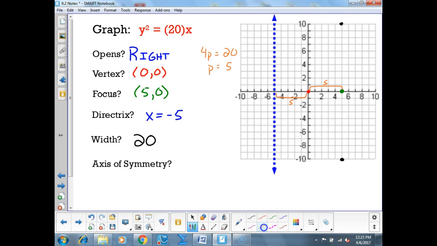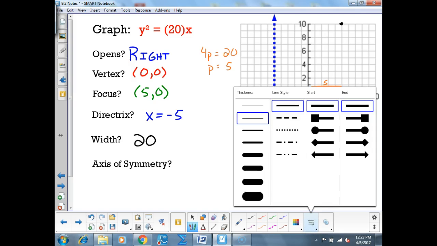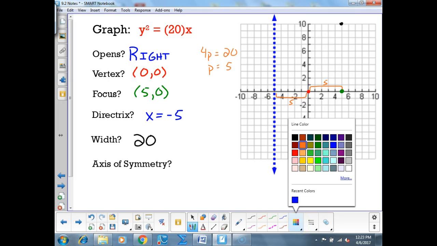Do I have enough information now to draw the parabola? Okay. Let's draw it in. I'm going to make it a little thicker and a little more colorful.